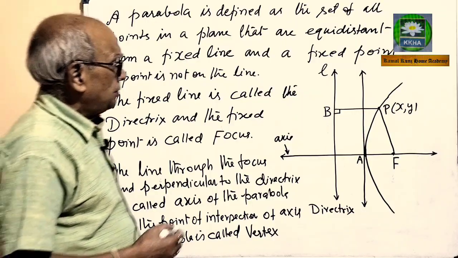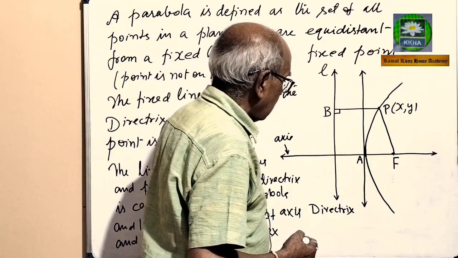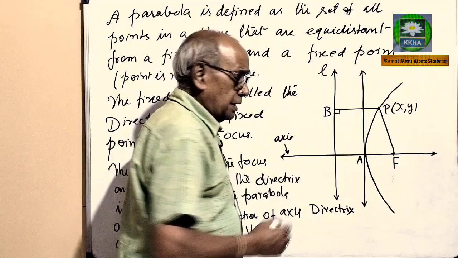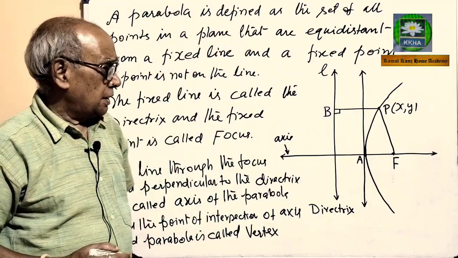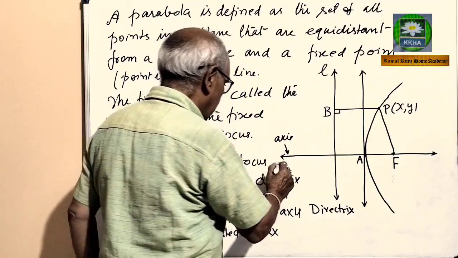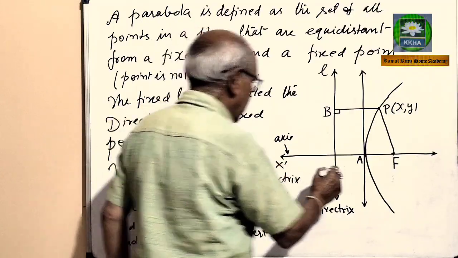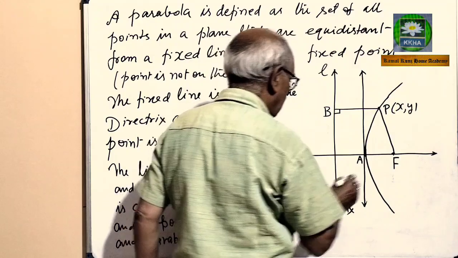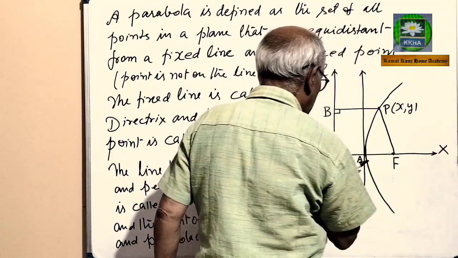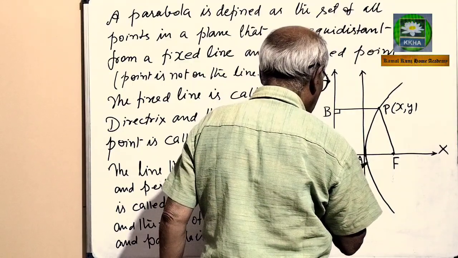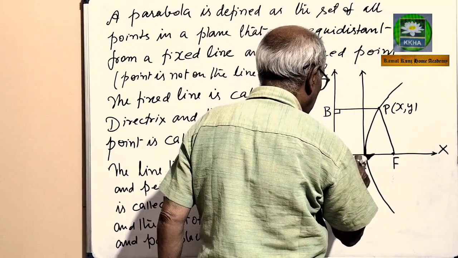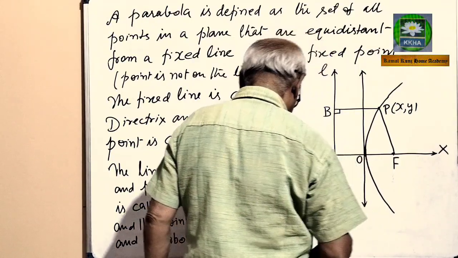Now the equation of a parabola is in the simplest form if x and y coordinates are taken as the axis. So this is x dash and x, and this is O. O is the point of intersection.